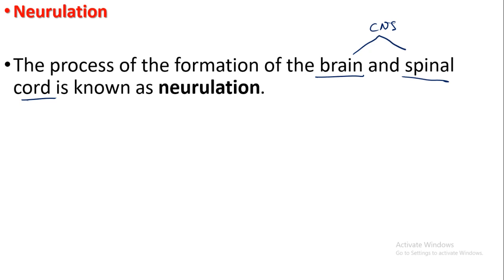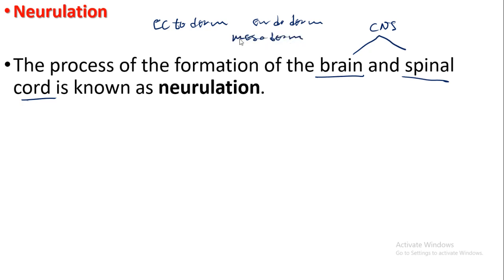Remember, I said there are 3 germ layers which we normally talk about. We have the ectoderm and the endoderm, which are the first ones to appear. Then we have the last one, which is the mesoderm.